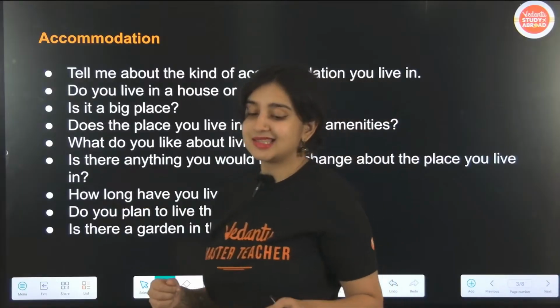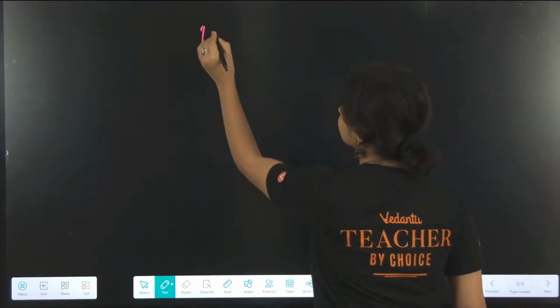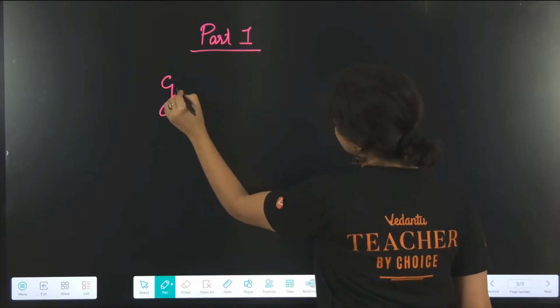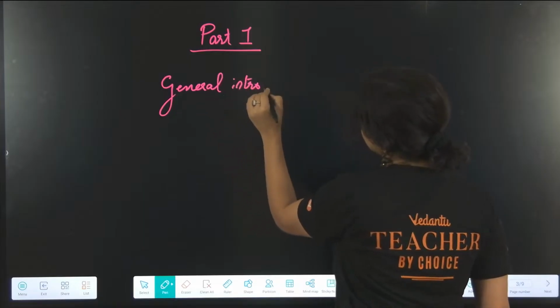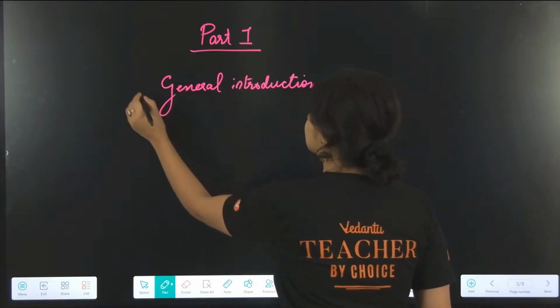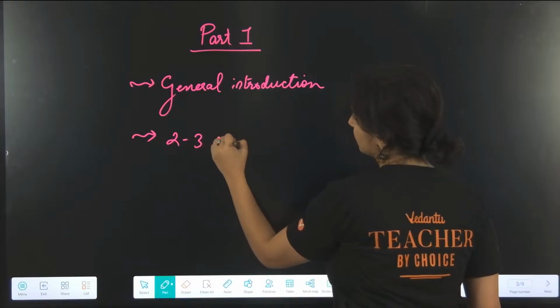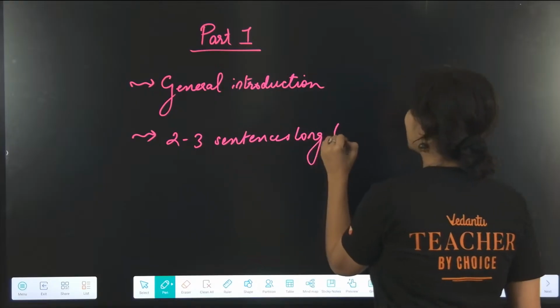Okay. So let's start with part 1. This is your general introduction. Your responses here need to be 2 to 3 sentences long on average.